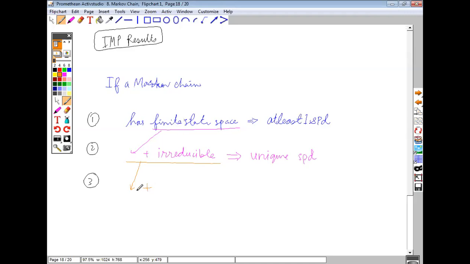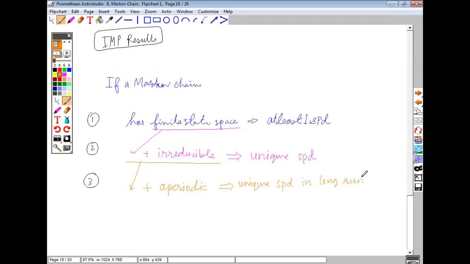And along with these two, if my process is aperiodic, then I know for sure that I'll have a unique stationary distribution in the long run. So I'm again going to write here that I'll have a unique SPD in the long run.